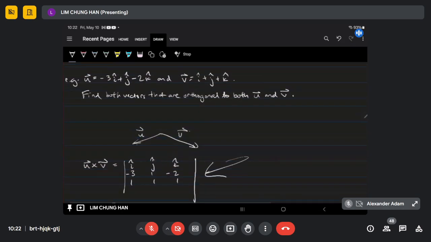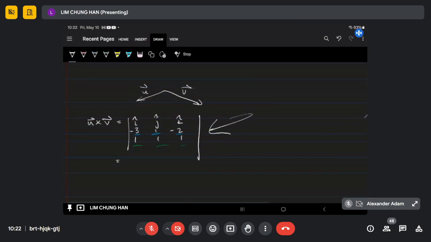It's basically -3, 1, -2, and then 1, 1, 1. Okay. That's how I assembled this matrix. So now let's answer this question.